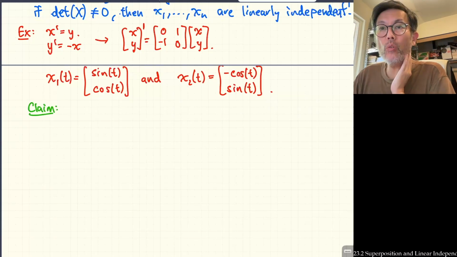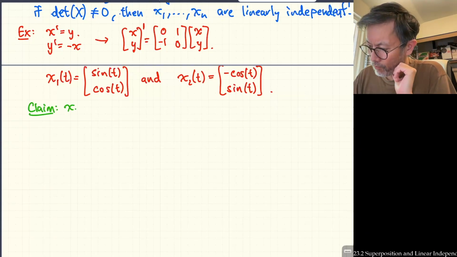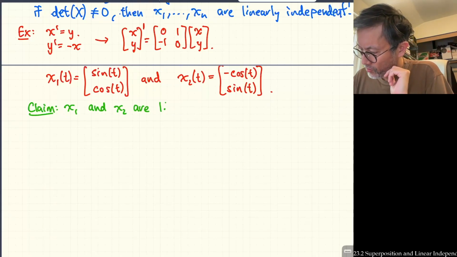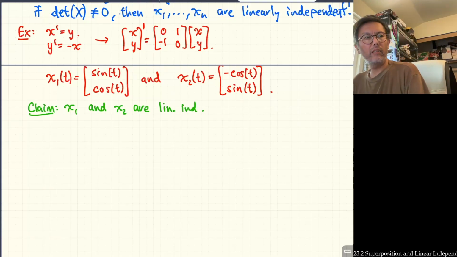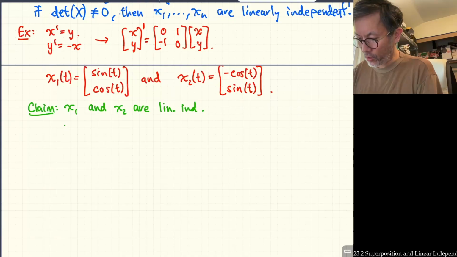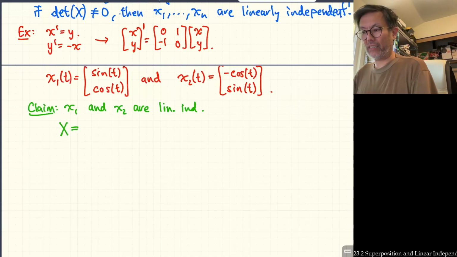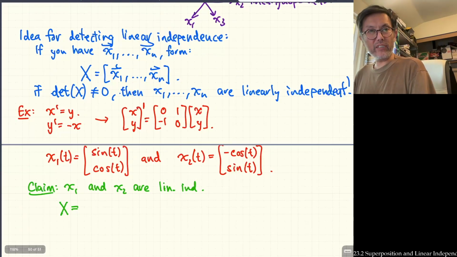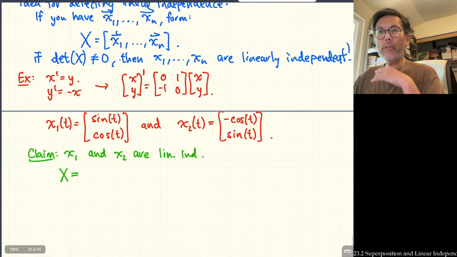Now, I claim that x1 and x2 are linearly independent. So what I'm going to do is form big X, following the advice of this criterion. This is going to be a 2 by 2 matrix.